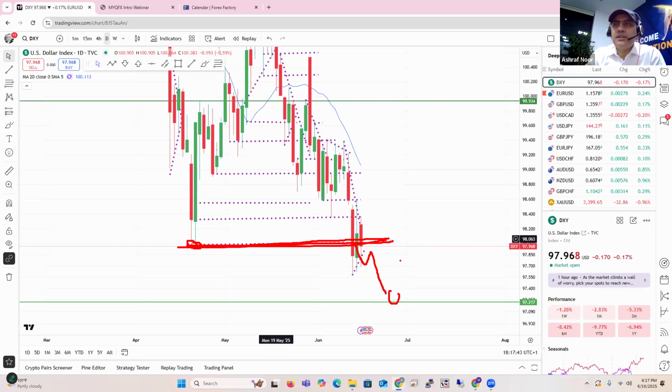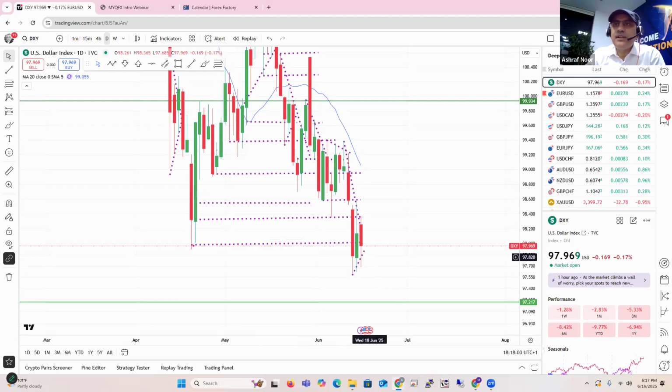This is purely price behavior, but price refused to stay below this level. This current candle is not finished yet. If the price breaks above this level, keep in mind this daily candle is not closed yet. And if I see the daily candle close above this level, that's a sign of continuation to the upside.